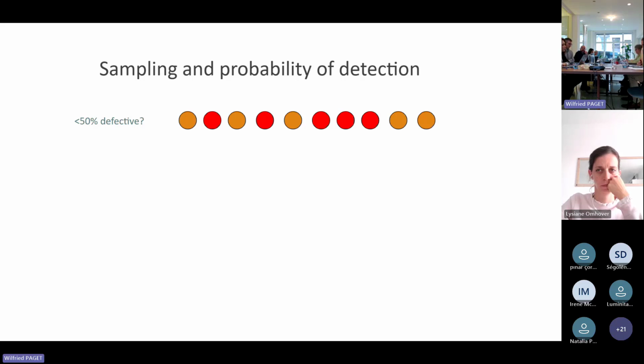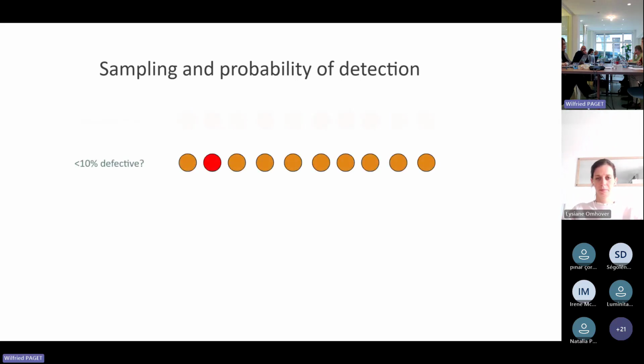Then you have to extract only 3 samples from these. So what will be the probability of detection of defectives? The probability of detection is going to be very high, because what are your chances of getting at least one red ball? So the probability is very high.